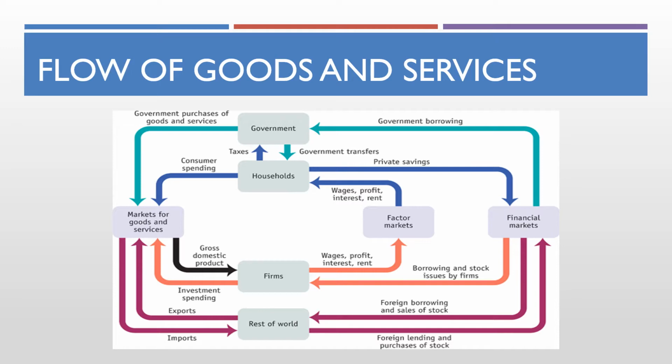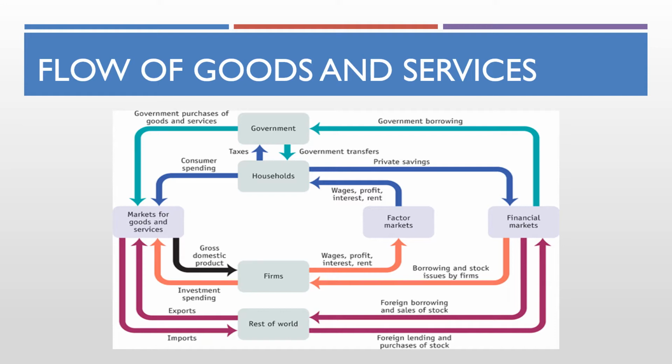Of course, in modern days households are not only interacting with the firms. Households always interact with the governments as well. So there are two arrows that you can see bridging households and governments.